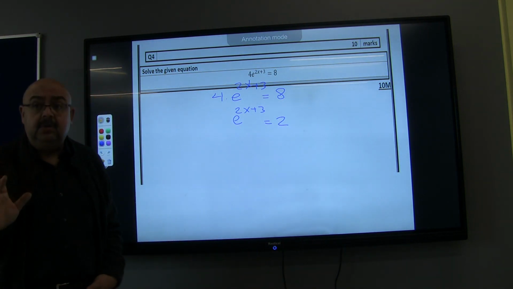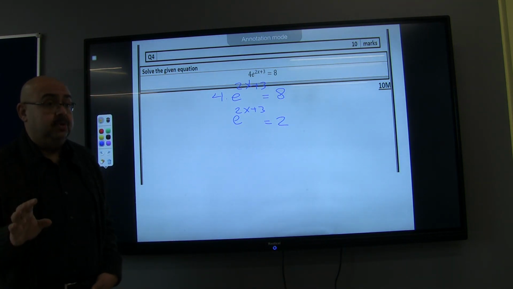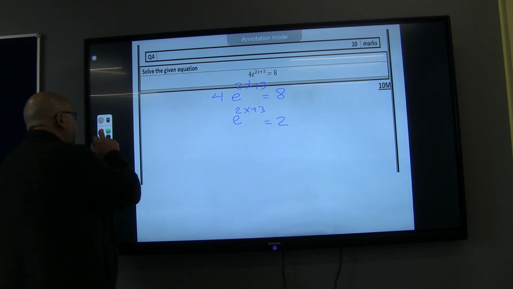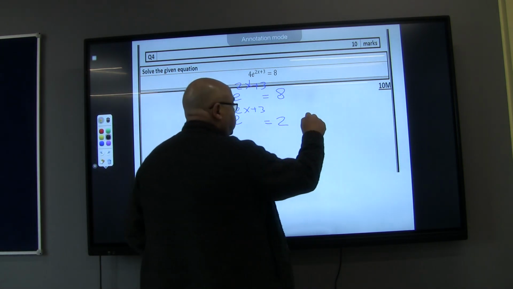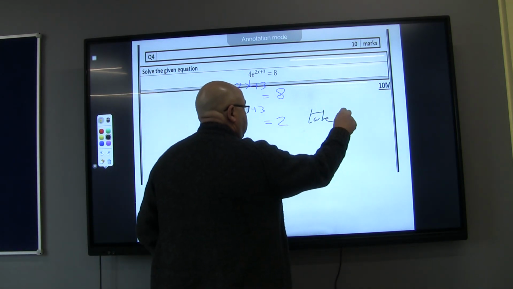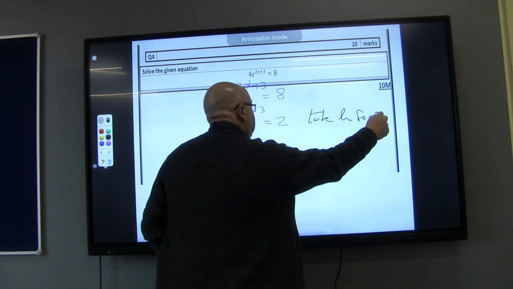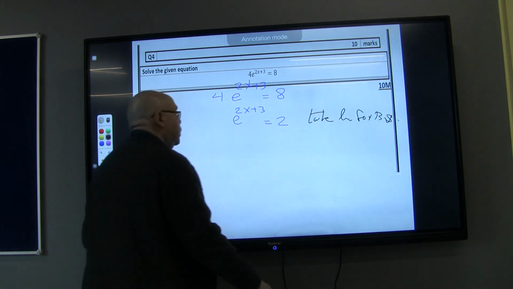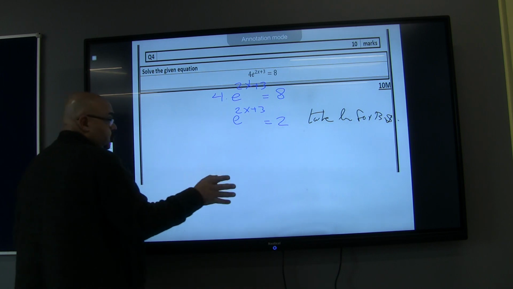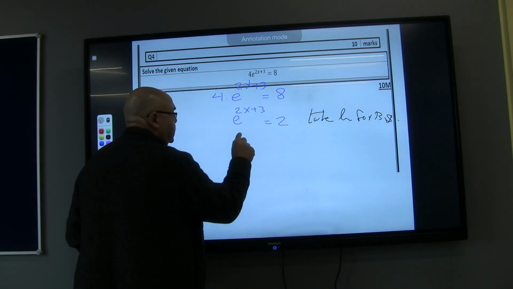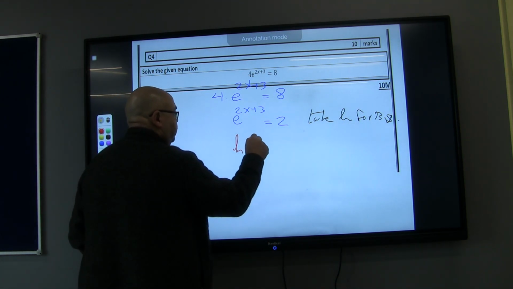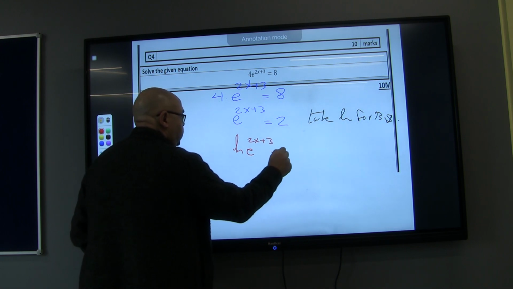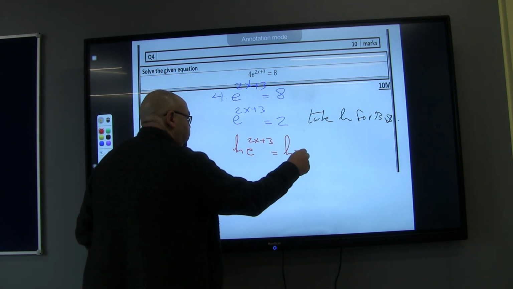Once you have isolated your exponential function, it will be simpler to use the logarithm. Start taking the logarithm, or ln, of both sides. Take ln of both sides. Once you do, you will have ln of e to the power of 2x plus 3, which is simply going to equal ln 2.